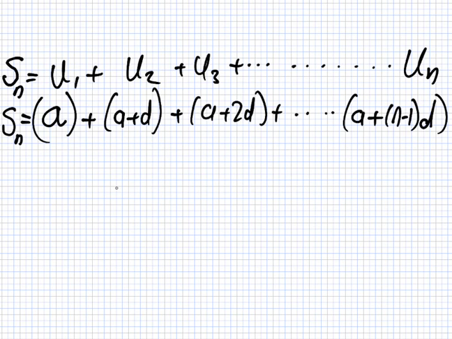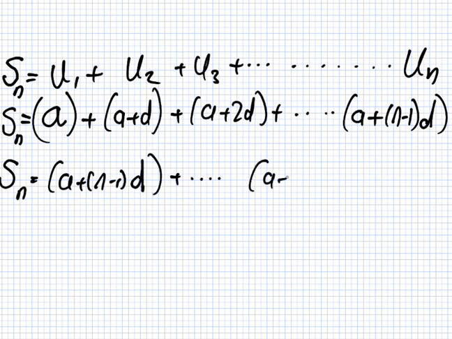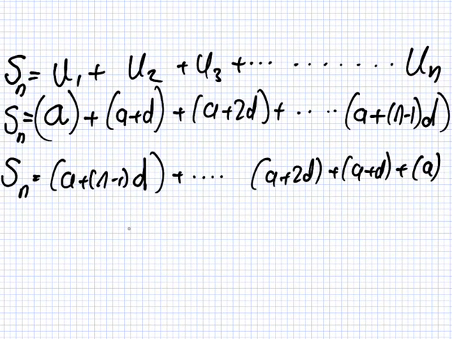Yes. So here is how we can get the formula. Here's the trick. What we do is we write the sum backwards. A plus N minus 1D plus, and then we go all the way down to A plus 2D, A plus D, and then the last one, A. Now, here's the next part of getting the formula.